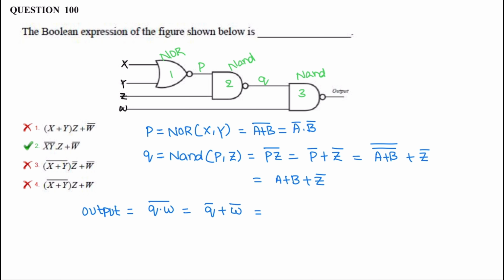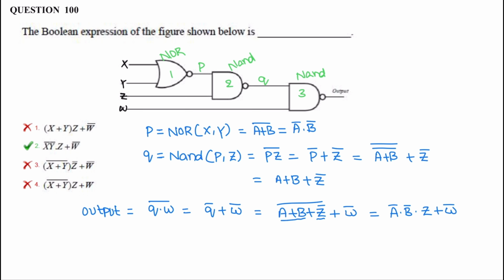So it can be written as (A plus B plus Z bar) whole bar plus W bar, that is A bar dot B bar into Z plus W bar.